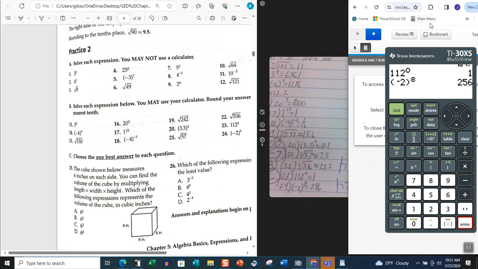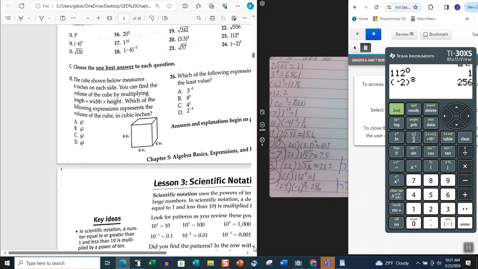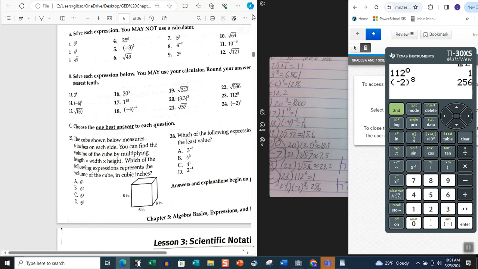Now we come here to problem 25. It says choose the one best answer to each question. The cube shown below measures 6 inches on each side. You can find the volume of the cube by multiplying length, width, and height.